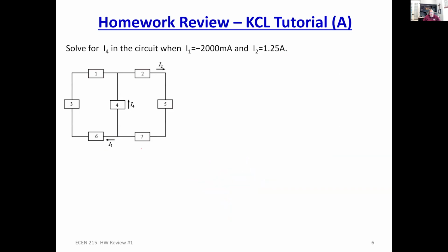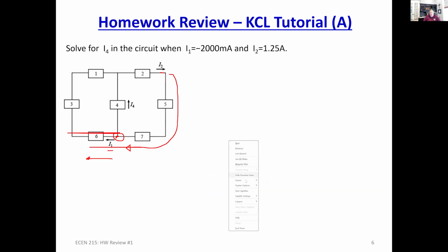All right, so again, we've got this node here, and we're looking for a given current, current number one and current number two. Current number one is minus 2 amps, and it's leaving going this way. Then we have current two, which is the same current because it's going through 5 and through 7, and it's all coming together at this node here.